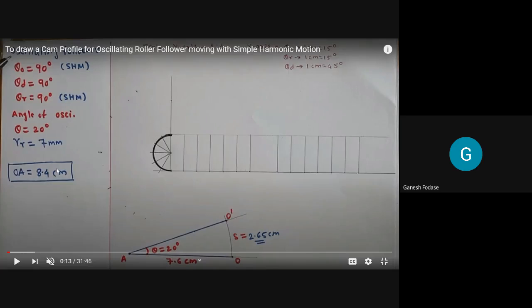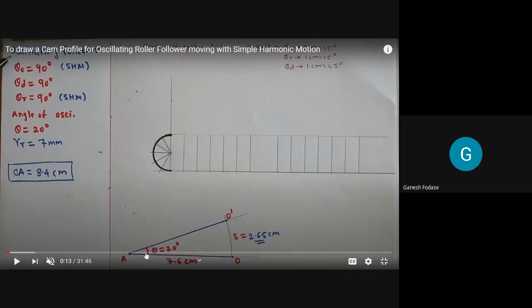For an oscillating follower, the follower arm length must be given, and it is given: OA, the length of the follower arm, is 8.4 centimeter, and the angle of oscillation is 20 degrees.